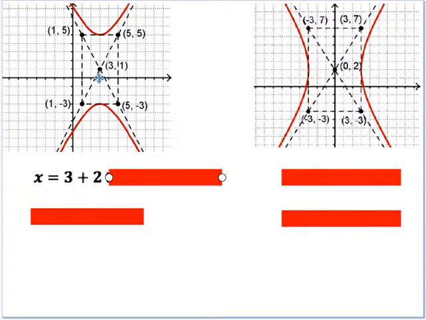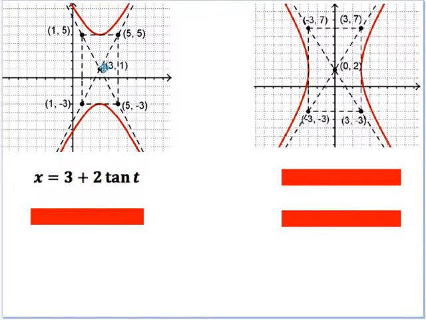And then from here to the edge of your dotted line is 2 units. So your radius is 2. Okay. So for this hyperbola, the x formula is going to be 3 plus 2 times tangent t, because we're moving to the right 3. That's where we get that 3. And then from the center of this point to the edge of the dotted line is 2.